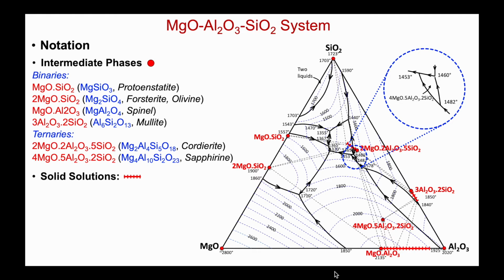I mentioned solid solutions. The notation I'm using here are these hatched lines, indicating that this is the extent of solid solution, in this case between spinel and Al₂O₃, and there's a significant range.